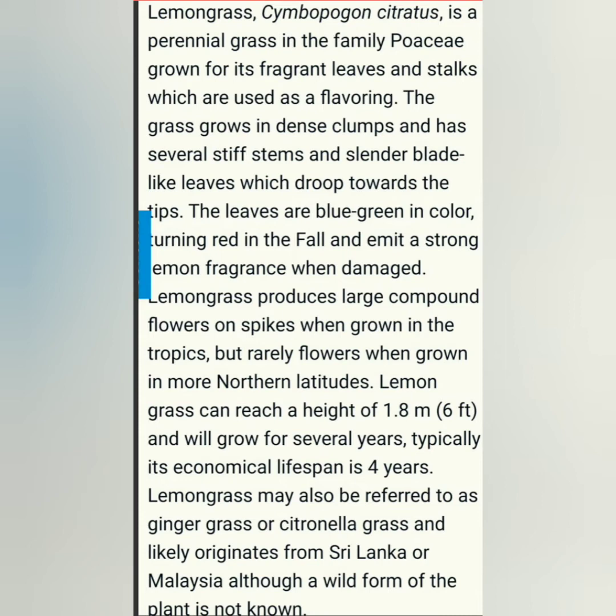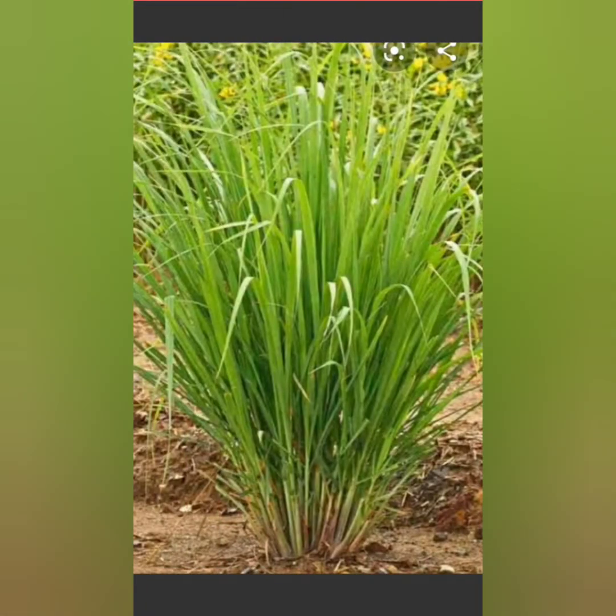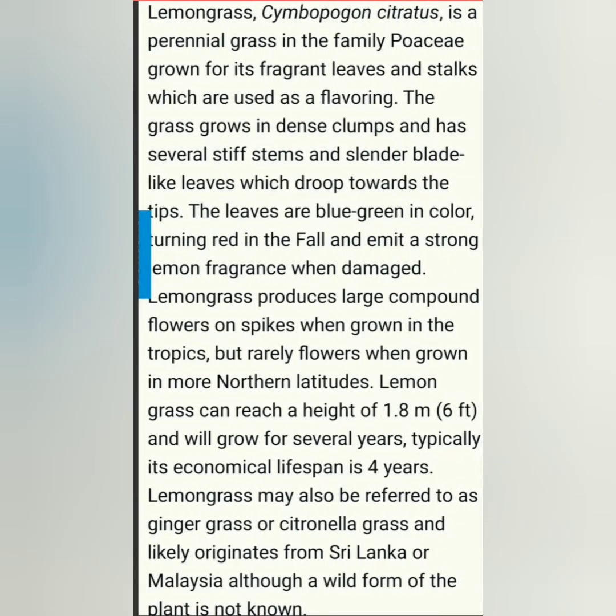And lemongrass produces large compound flowers on spikes when grown in the tropics. But these plants rarely flower when grown in more northern latitudes. So as you can see in this figure also, you will not find any flowers.